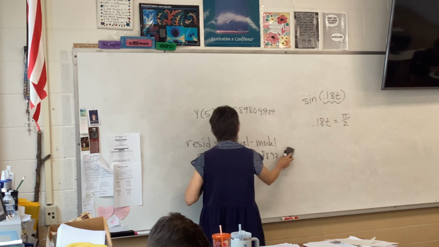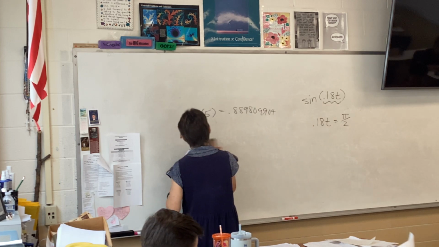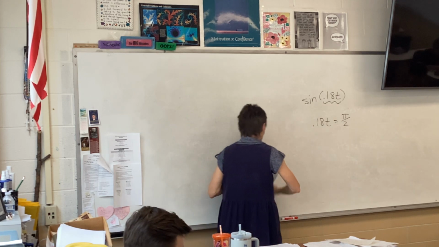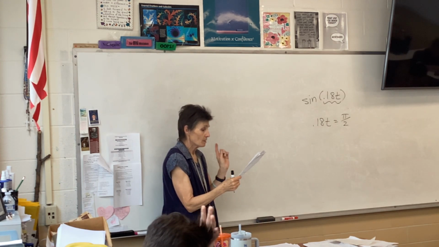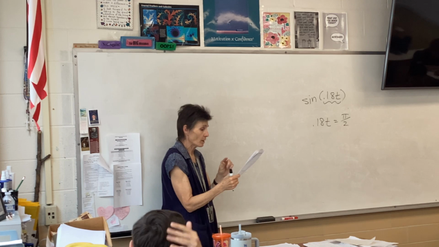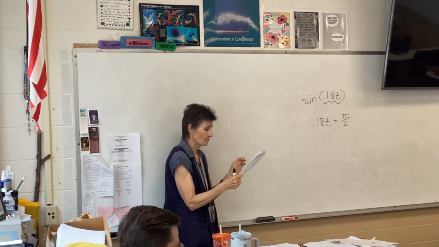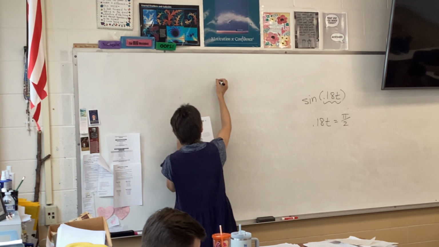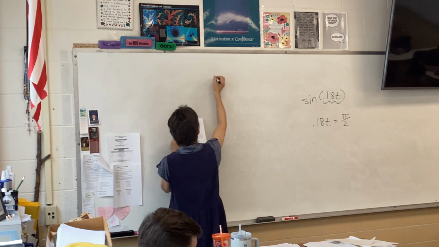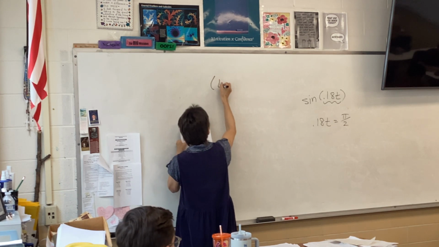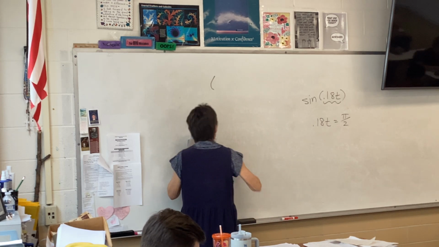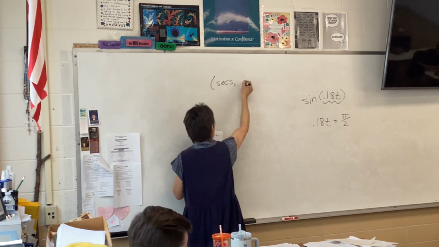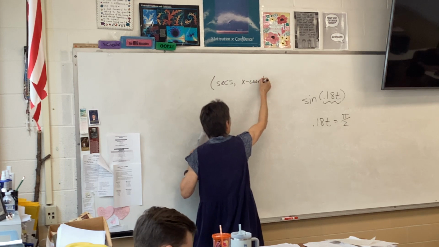And then 87, we had one of these before and it's confusing if you don't stop and take the time to write down what your points represent. The function models the x-coordinate as a function of seconds. So your points are going to be seconds and x-coordinate.